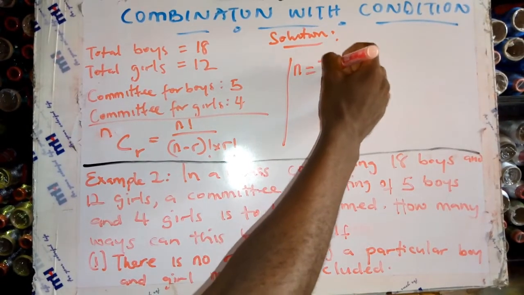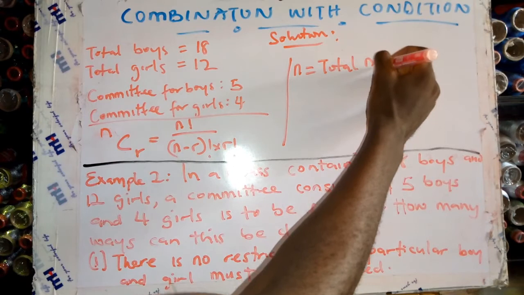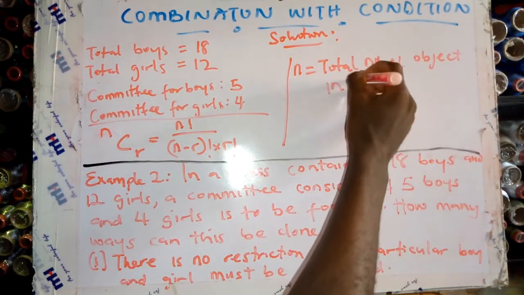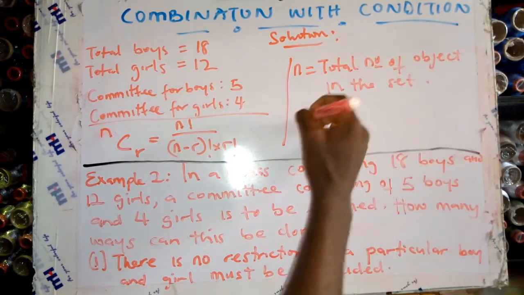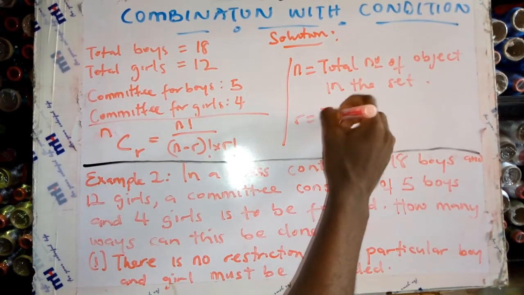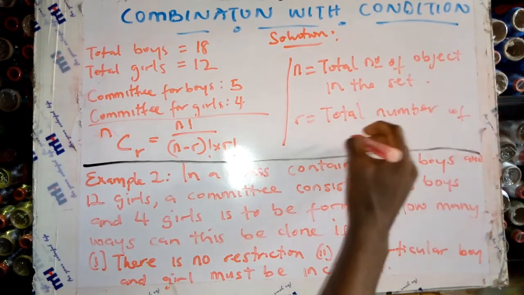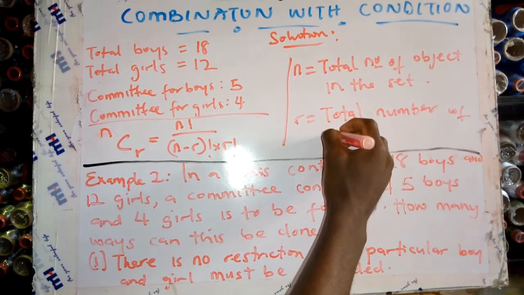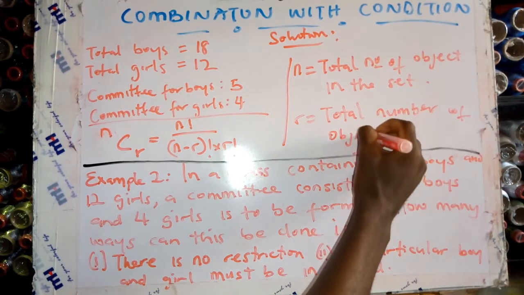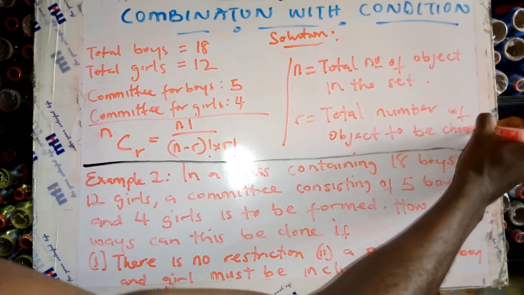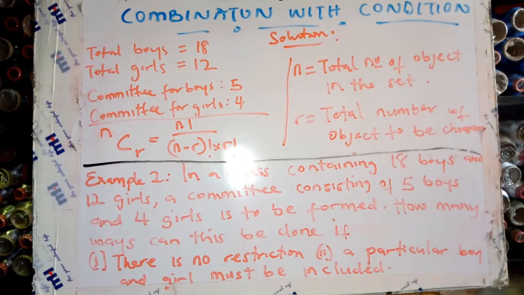N is the total number of objects in the set, while r is the total number of objects to be chosen, or to be selected. You are still saying the same thing as far as combination is concerned.